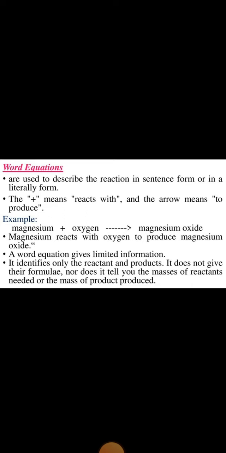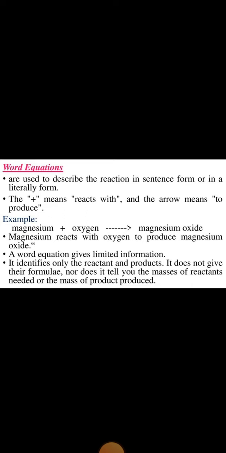As you can see in the example, magnesium plus oxygen. So here magnesium is reacting with oxygen. The arrow represents the product which is formed after the reaction of the two, or it could be more than two. So what product you are getting, you can represent with the help of the arrow.